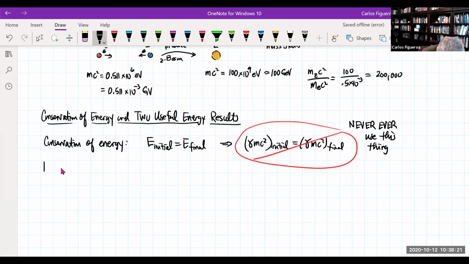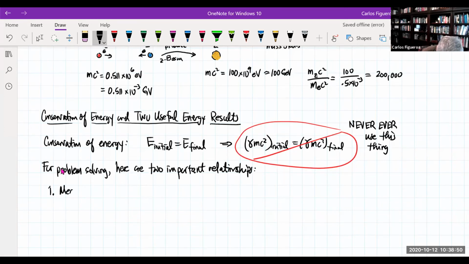So for problem solving, here are two important relationships. The first one is that you can measure the speed of a particle.